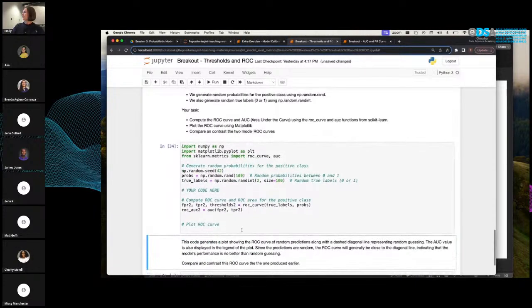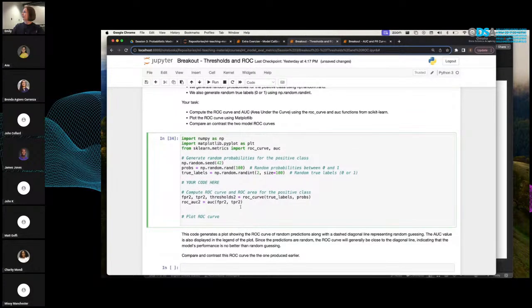Is anybody able to plot the curve here using the values generated here?